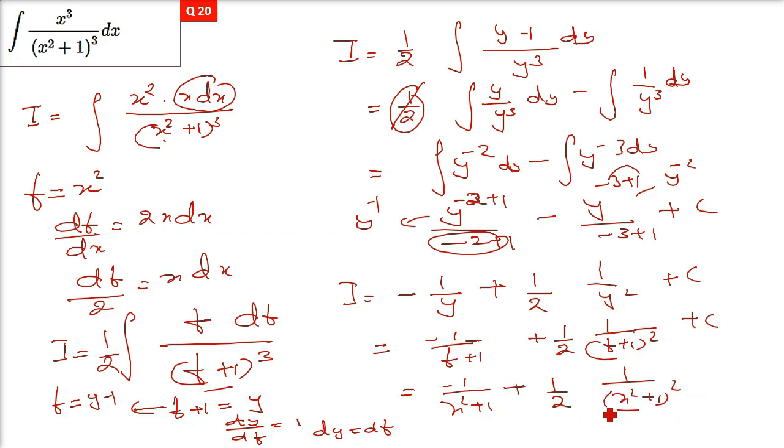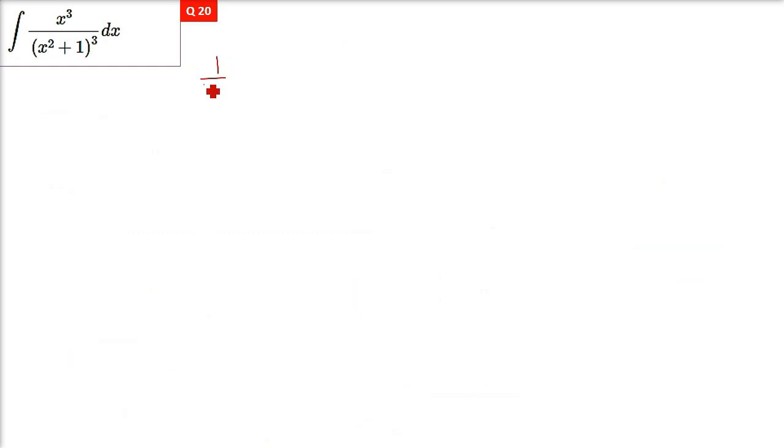Now this half is already there outside. If you remember, I told you half I'll take just now. So this 1 by 2 will deal and we'll take 1 by x square plus 1 outside these two terms and then take the LCM, and that will be a final answer. Now let me show you this half I was talking about, and the integration will be negative 1 by x square plus 1 by twice of x square plus 1 whole square, and I'm quite sure that you'll be able to do it.